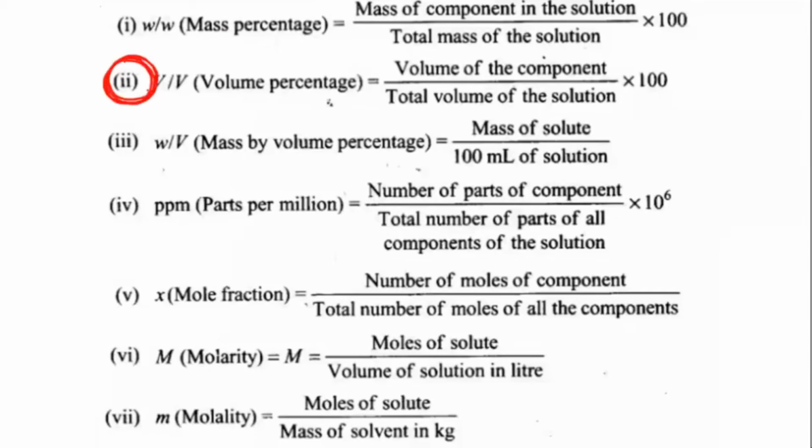Then we have mass by volume, which has volume in it. And then molarity, which has a volume term. So these are the 3 which depend on the volume. Their concentration values are going to change when the temperature is affected.